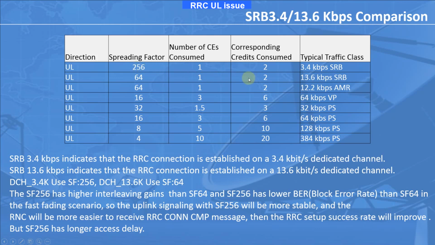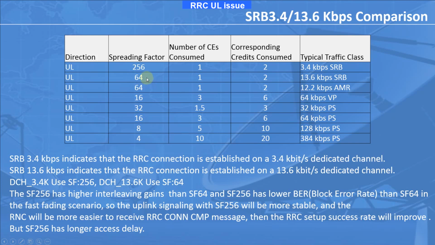DCH 13.6 uses spreading factor 64. Spreading factor 256 has a higher interleaving gain than spreading factor 64, and spreading factor 256 has a lower block error rate than spreading factor 64 in the fast fading scenario.